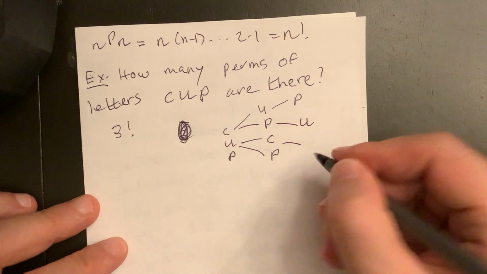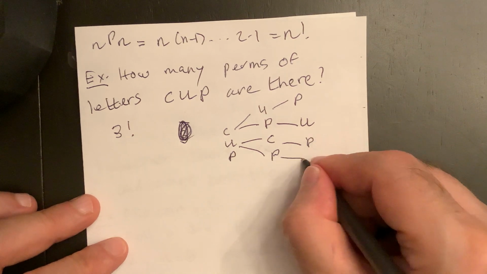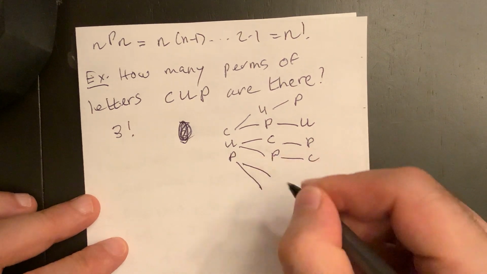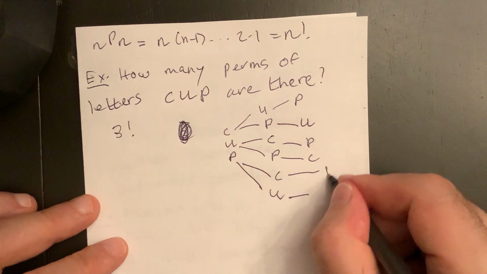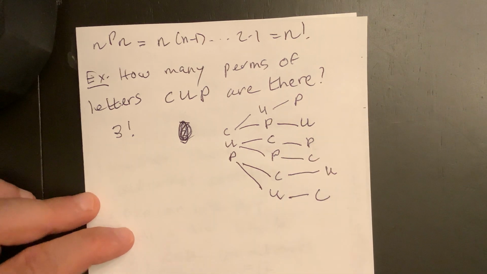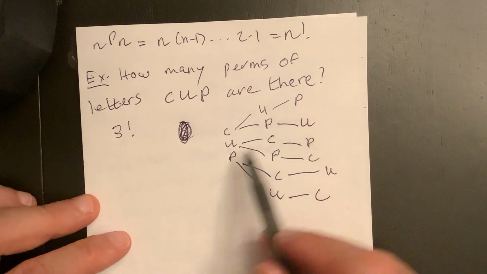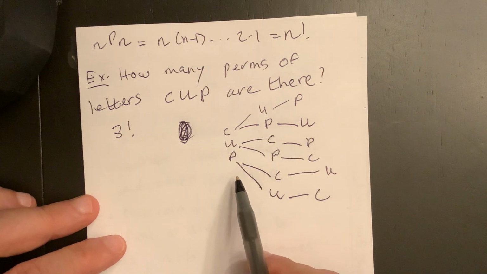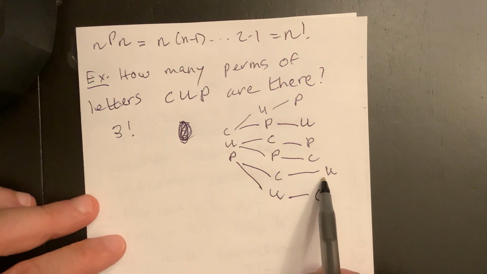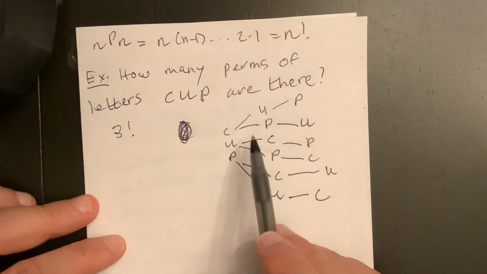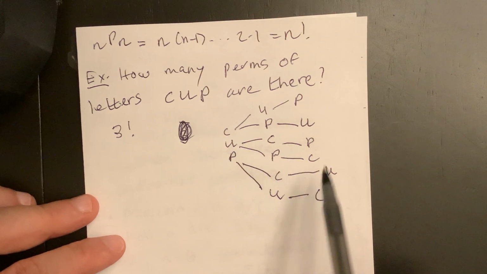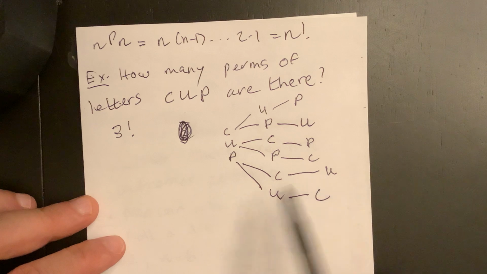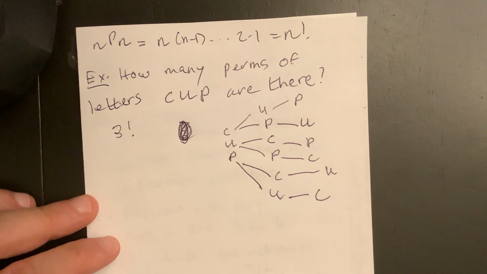And finally we have CUP, CPU, UCP, UPC, PCU, PUC. Okay, I'm silly. You can see they're all different. So this is what's going on. It's the principle of counting.